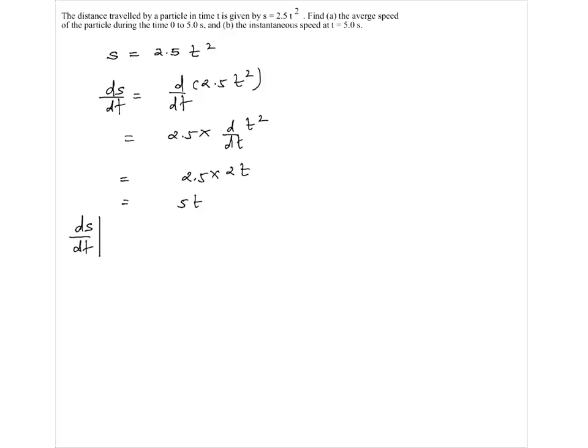Mathematically we can write it like this. 25 meters per second. Any questions for the instantaneous speed part, or do we go to the average speed part?